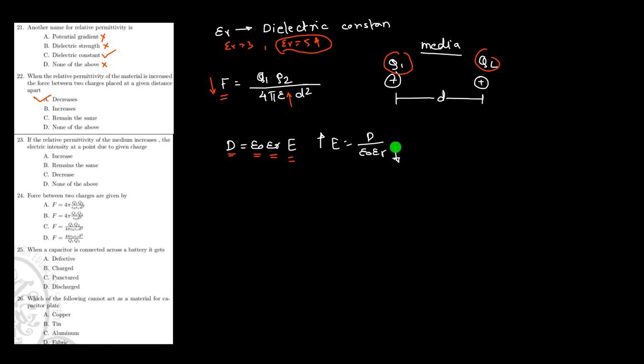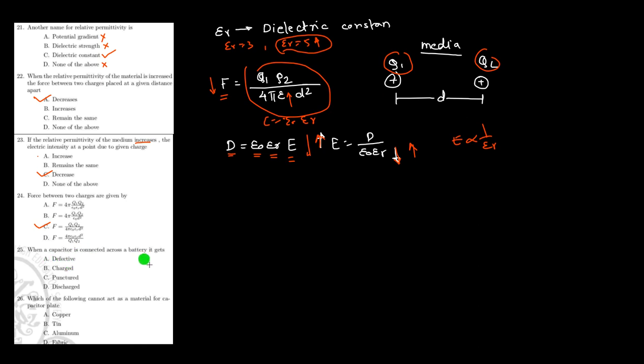So if you reduce epsilon r, E increases, and if you increase epsilon r, E decreases, as they are inversely proportional. Hence, due to the increase in relative permittivity, the electric field intensity decreases. The force between charges, as I discussed, is given by this formula where epsilon stands for epsilon 0 into epsilon r. So option C is correct over here.